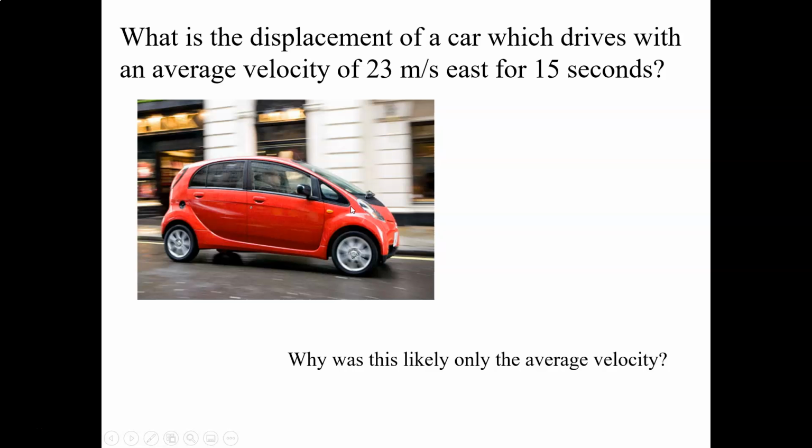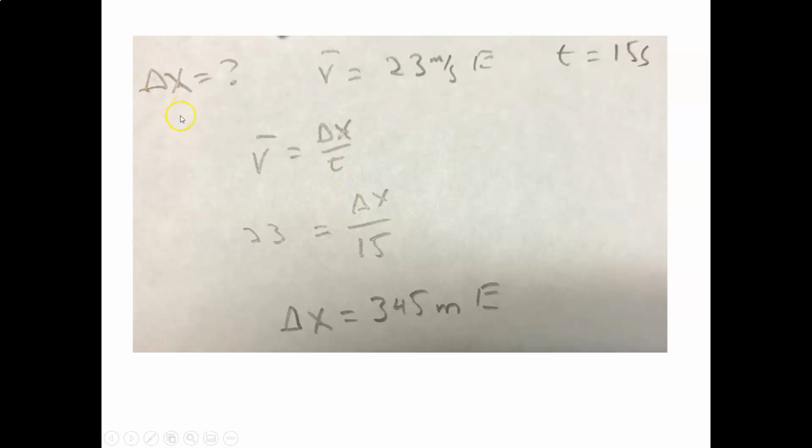So if I wanted to use this equation in a simple example, what is the displacement of a car which drives with an average velocity v bar for 15 seconds? And I were to write that out. So this is how, since I can't do things on a whiteboard, this is pretty much how I'm going to be doing them. It's asking for the displacement.